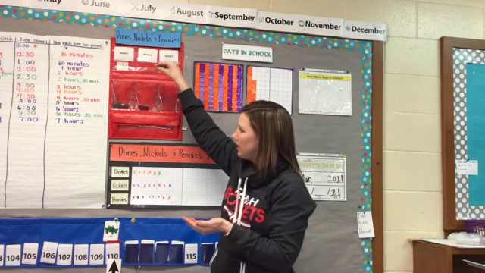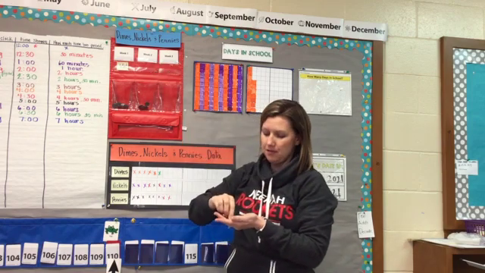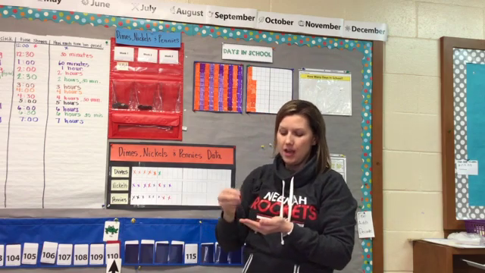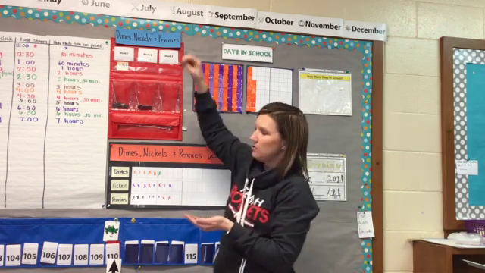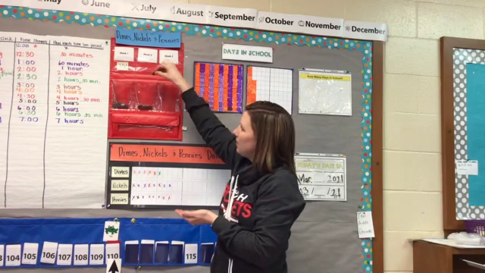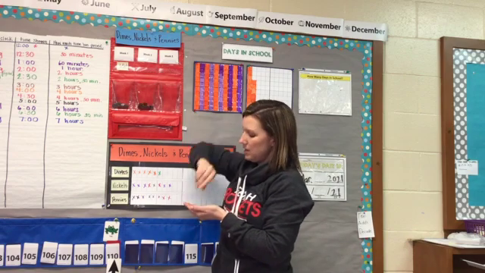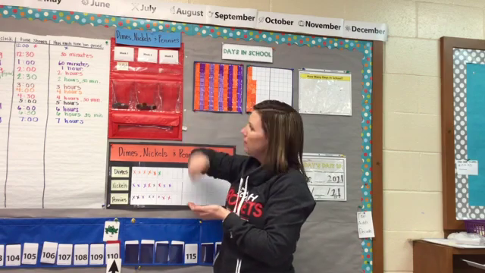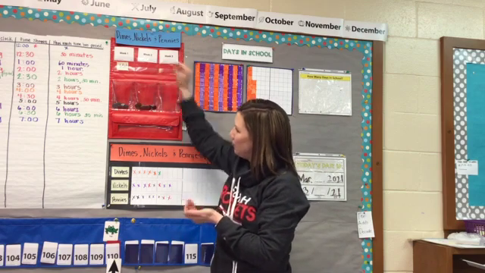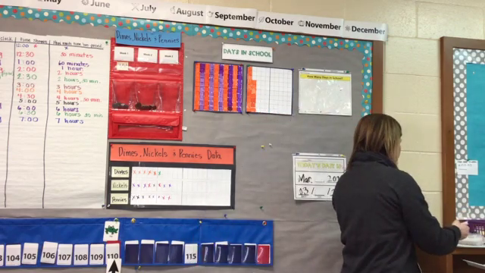Another 5, 25. Another 5, 30, another 5, 35, and now we'll count our pennies. So now we're going to count on from 35, 36, 37, 38, 39, 40, 41, 42, 43. Week 2 has 43 cents.